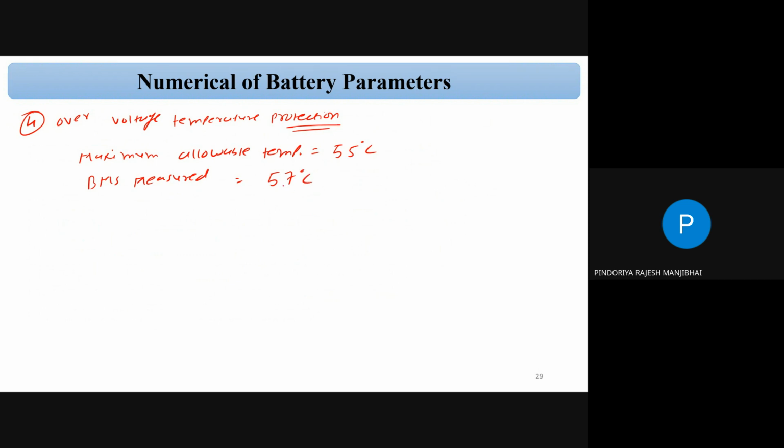So what do you think? Yes or no? Is triggering possible or not? Yes, correct. The answer is yes. The BMS must trigger thermal protection. So we have to trigger the thermal protection.